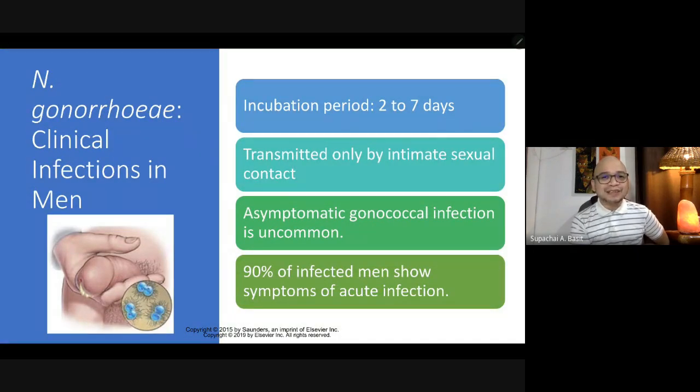It is transmitted only by intimate sexual contact, and asymptomatic gonococcal infection is uncommon. So remember, 90% of males would show symptoms of acute infection. Acute infection is very common, because asymptomatic gonococcal infection is more common in females as compared to males.